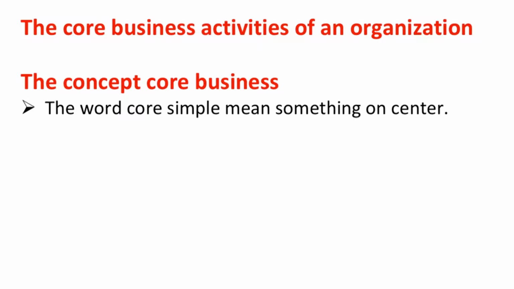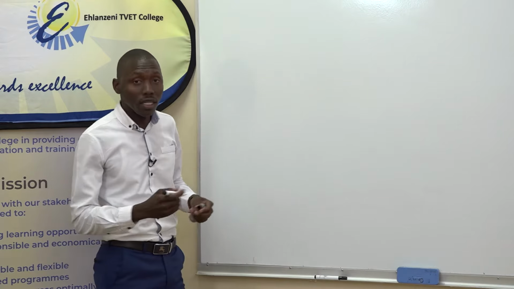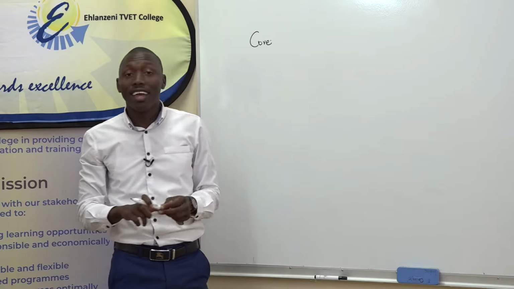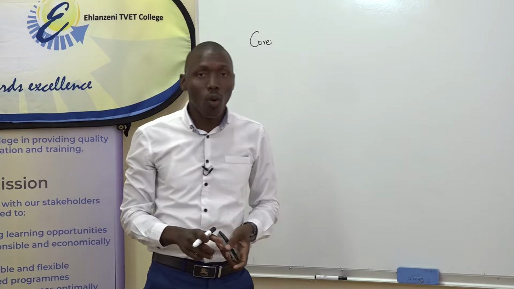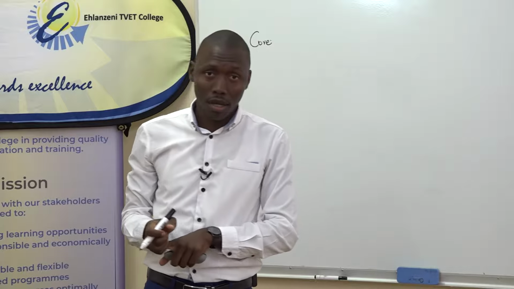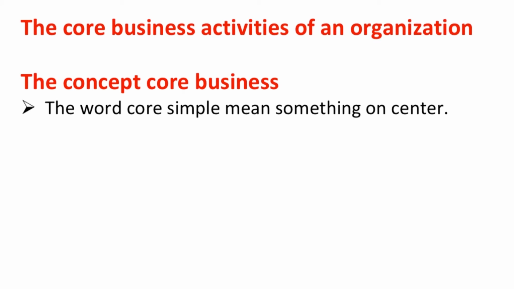Let's start with the word core, so that we have an understanding of what we are talking about when talking about the core business. The word core simply means something that is in the center.